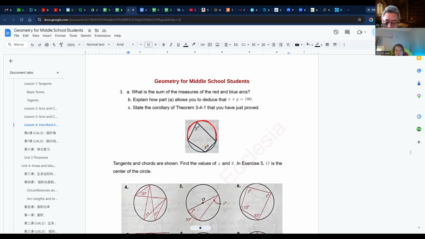So the red actually is, you can see red is facing X, so the red will be 2X. And the blue is intersecting arc of Y, so that is 2Y. Good.